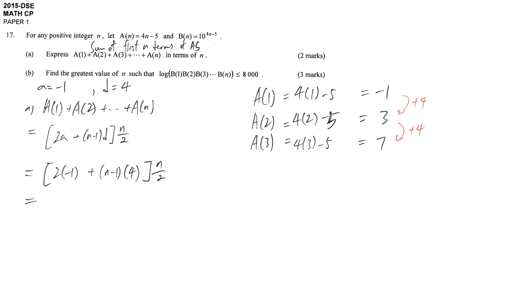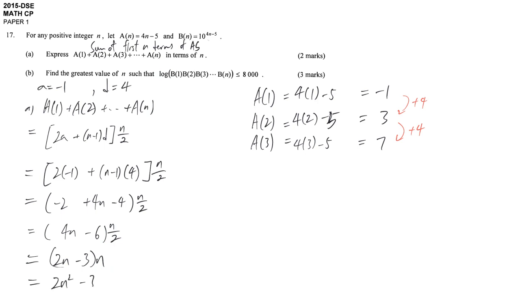And then we just tidy up this expression. Every item is divisible by 2, so 4 divided by 2, 2n, minus 6 divided by 2 is 3, times n. That's how you express it in terms of n, or you may expand it to 2n squared minus 3n, which are the same.